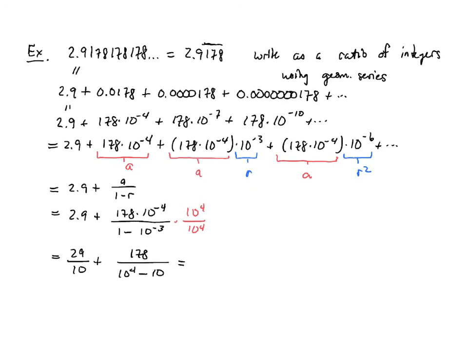And when you simplify that new denominator, we have 29 over 10 plus 178 over 9990.